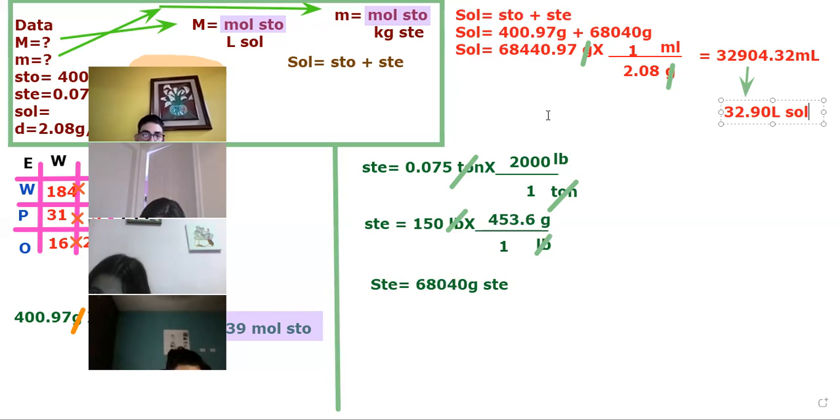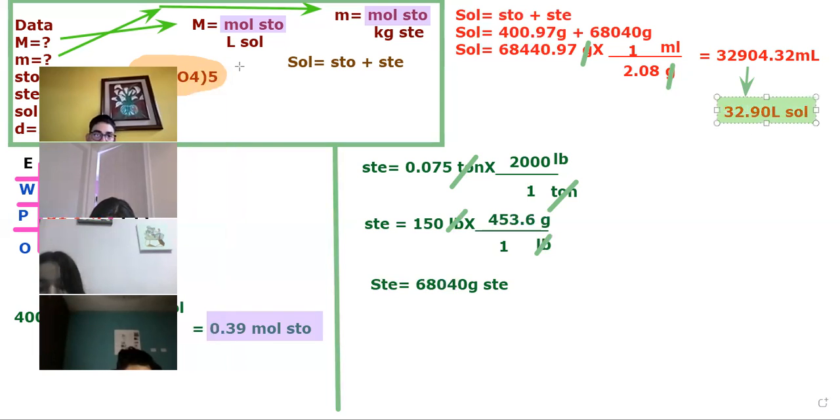Liters of solution. Okay, the liters of solution is part of the formula that Annie chose in the beginning. So I'm going to do it here. Molarity is equal to moles of STO, 0.39 mole, over the liters of solution, that is this one. And finally, we have the answer. It's just 0.39 divided by 32.90.